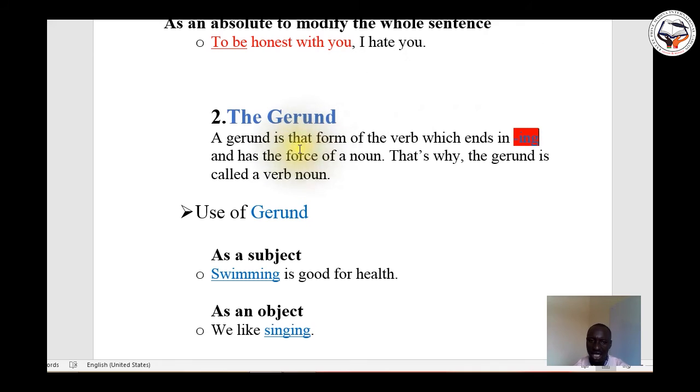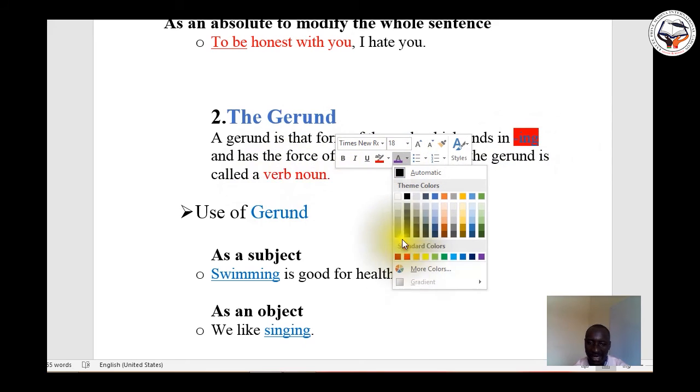A gerund is that form of the verb which ends in ing and has the force of a noun. That's why the gerund is called a verb noun. Verb noun.